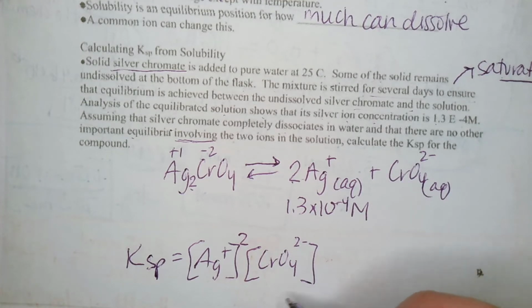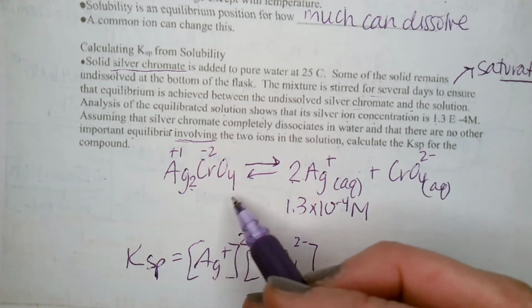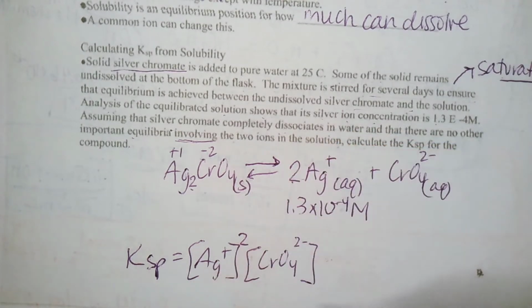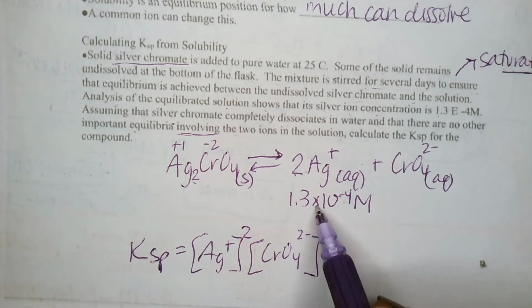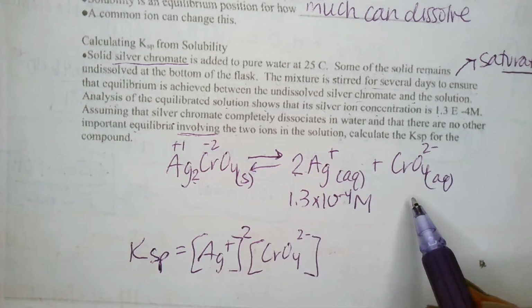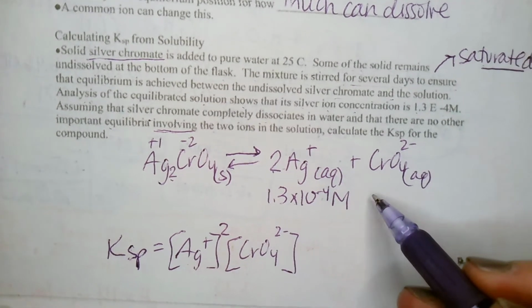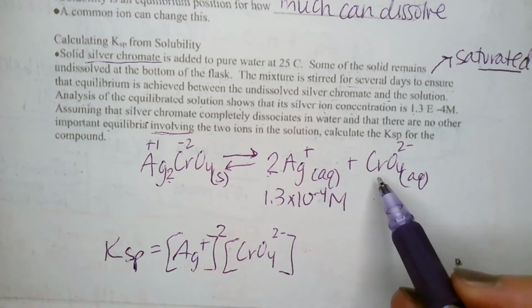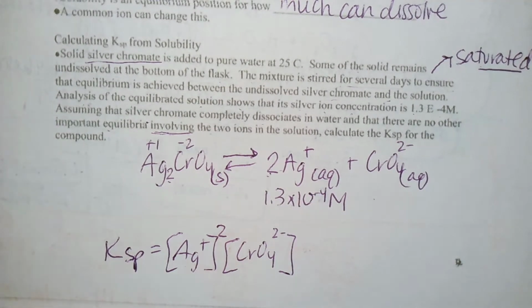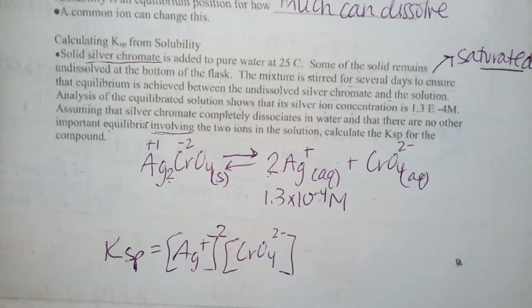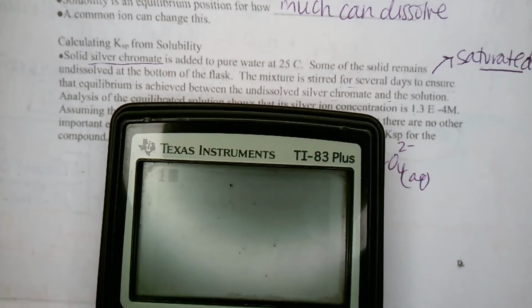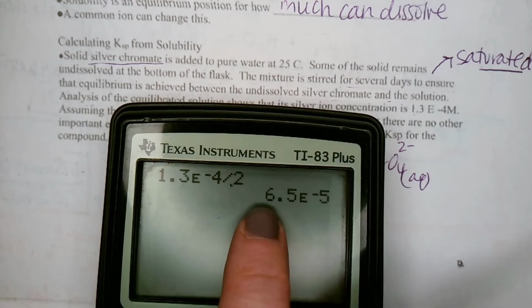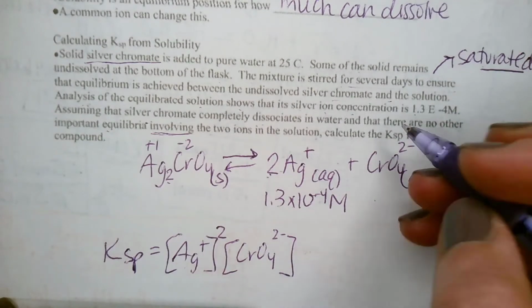And remember, this would be over my reactants, but this is solid, and solids drop out. Now, I do know my silver concentration, but thanks to stoichiometry, we can find this chromate because there's a 2-to-1 ratio. So all I need to do is take my silver ion concentration and cut it in half. 1.3 times 10 to the negative 4th divided by 2 is 6.5 times 10 to the negative 5th.